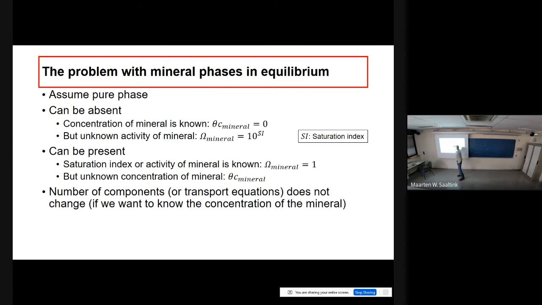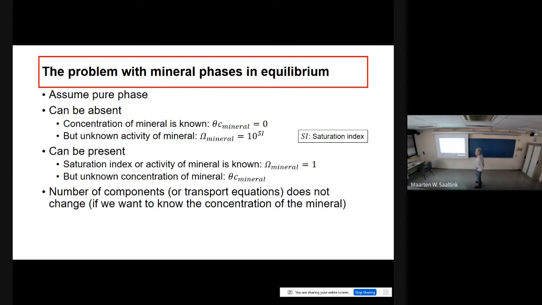And this typically is a constant. What actually does change is this theta, the volume fraction. So, how many moles of mineral I have per volume of porous medium. And if it's absent, it's 0.